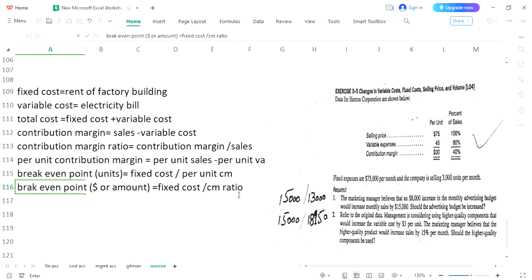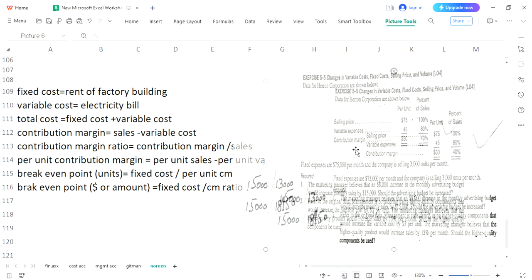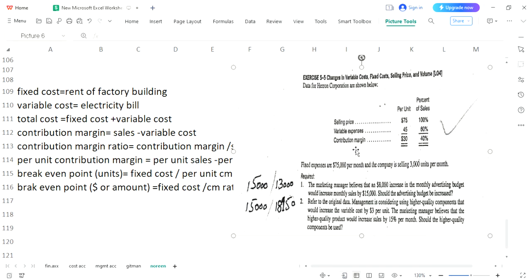Due to less space available over here, we have written CM for contribution margin. So initially you will calculate contribution margin ratio like this: contribution margin divided by sales. Same ratio you will write over here. So fixed cost will be divided by CM ratio, with which you can calculate break even point in terms of amount. Alright guys, these were 7-8 points very important for every question you will solve in this chapter.